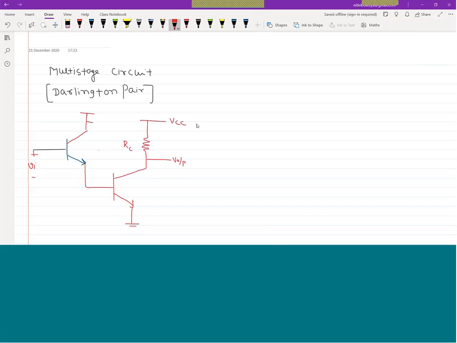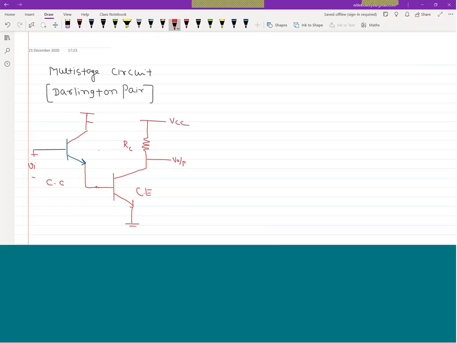This may be some DC supply. So this pair of transistors, when you are giving input to the base terminal and output to the emitter terminal, this is common collector. And when you have input at base and output at collector terminal, this is common emitter.